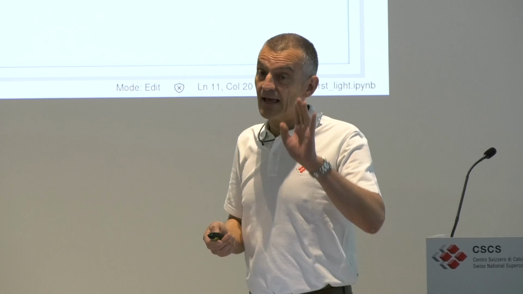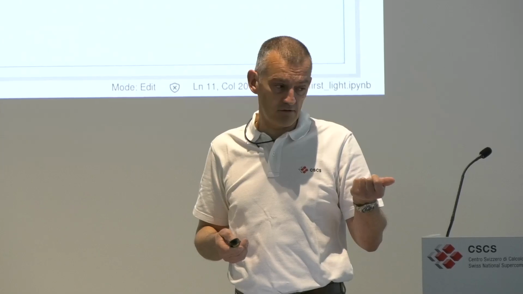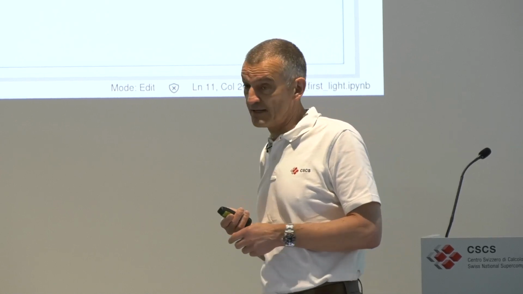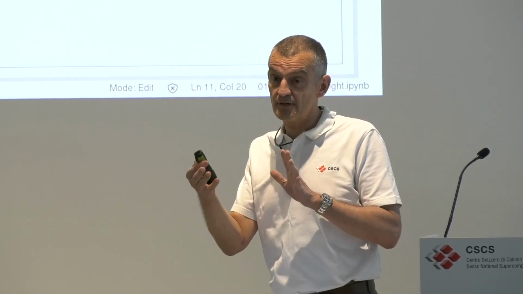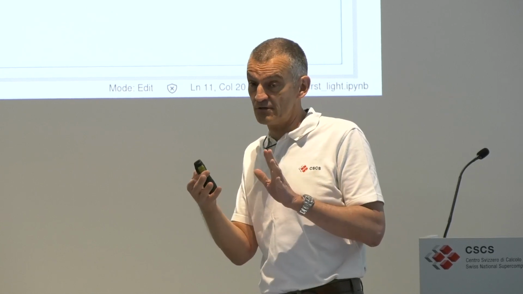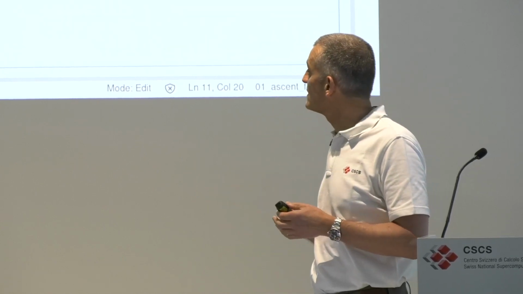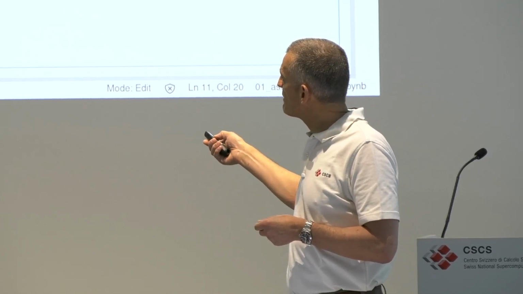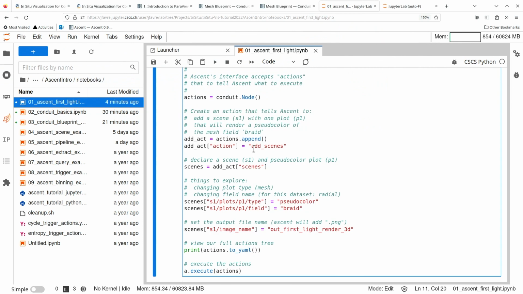There's an API, and there's a whole lot of examples on the net, in the Ascent documentation. By examples, you can find the example that fits your need, and you will be able to do this. In summary, we create the actions, we define the scenes, and then we execute. That's the last part of our cell here. We execute Ascent given the particular action node.